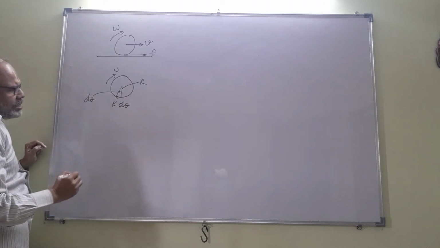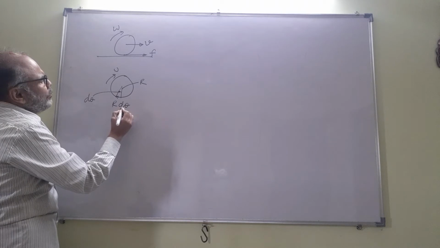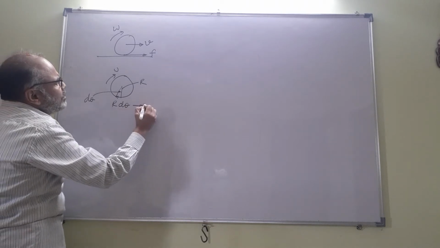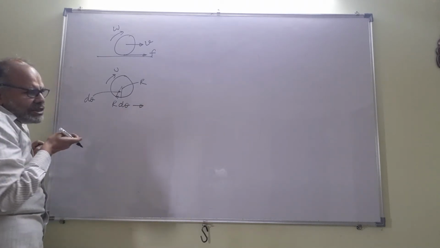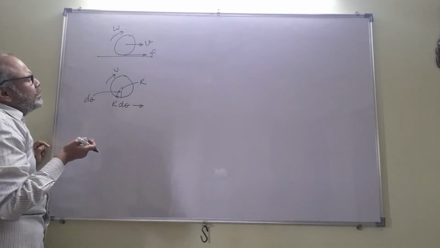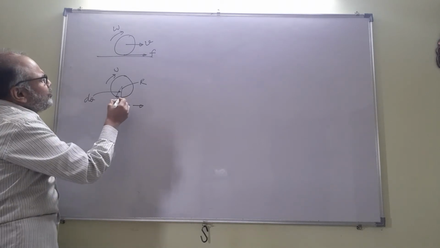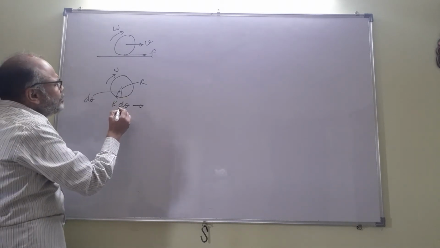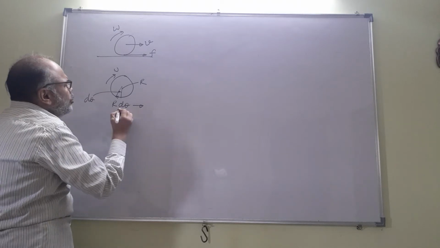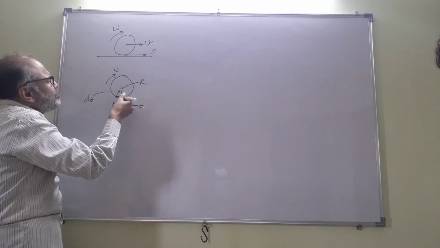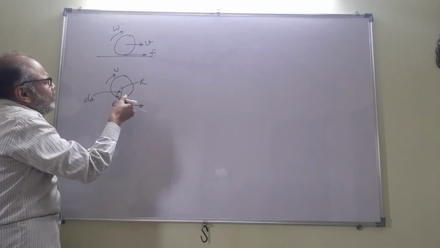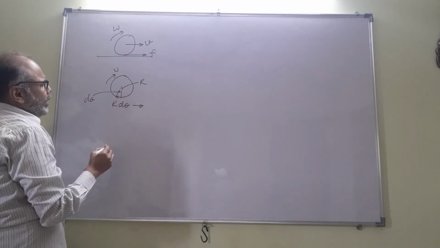Now since d theta is small, r d theta will be nearly straight. It won't be an arc because d theta is very small. So r d theta is the displacement towards the left of the point of contact.